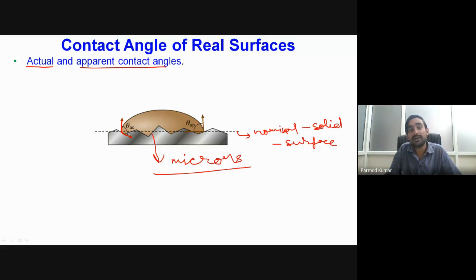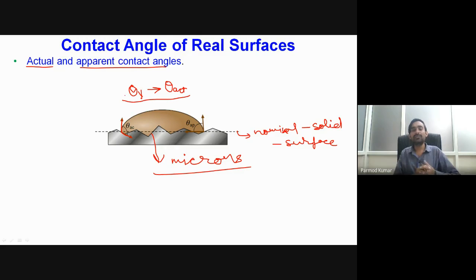However, if we go into our actual calculations from the Young-Laplace equation, and try to find the value of contact angle, whatever angle we get from Young's equation, theta Y, will be equal to our actual contact angle.